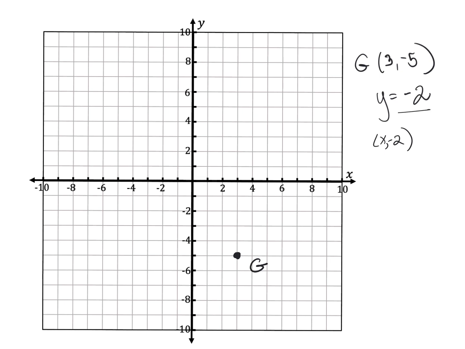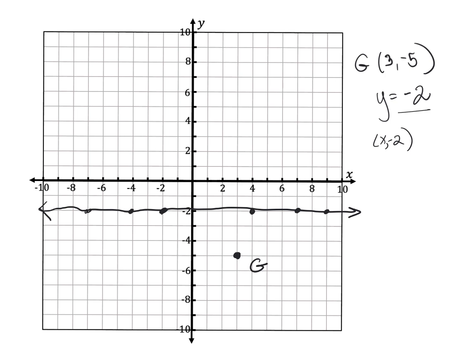So I can go anywhere on the x-axis, but my y value will be -2. So (7, -2), (9, -2), (-2, -2), (-4, -2). And you'll notice this is a horizontal line that goes through the y-axis.